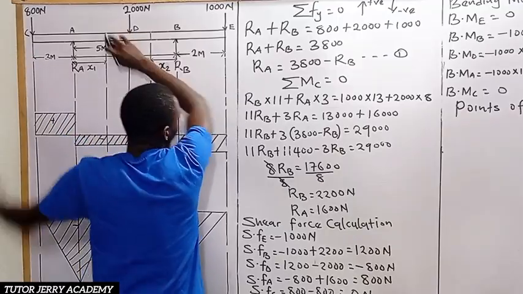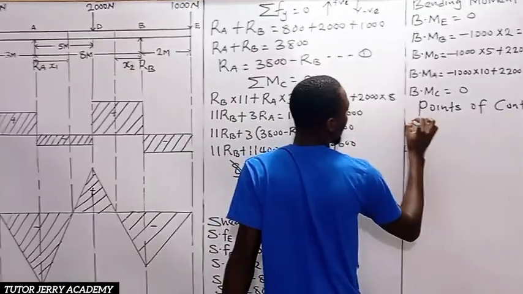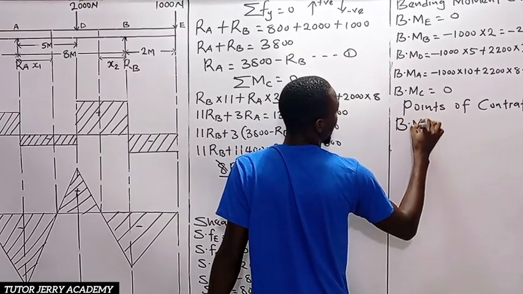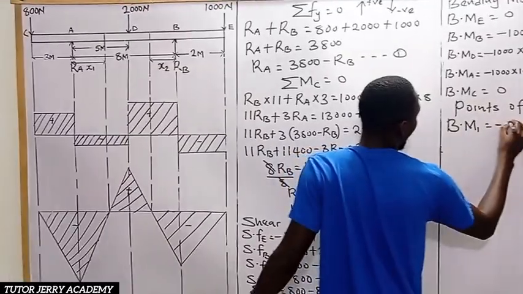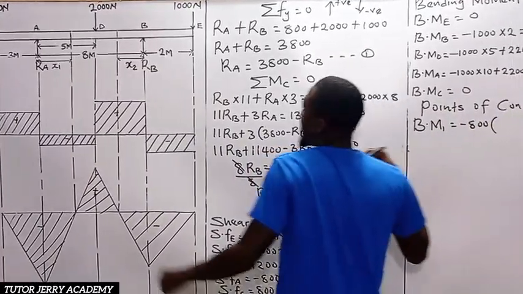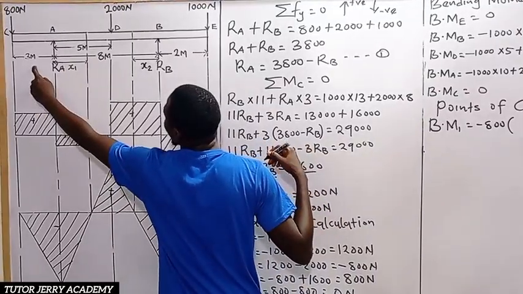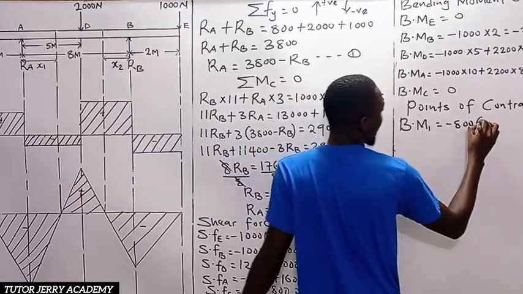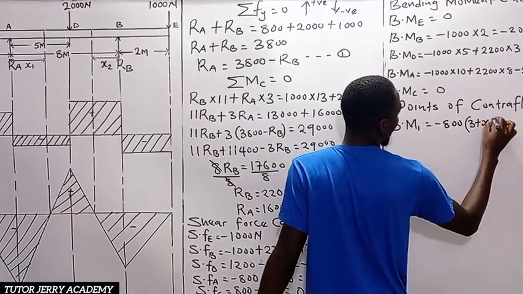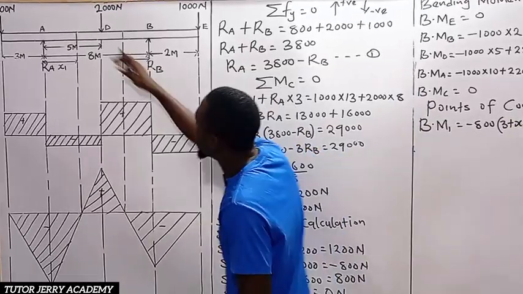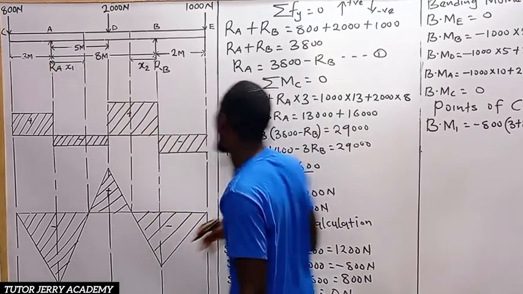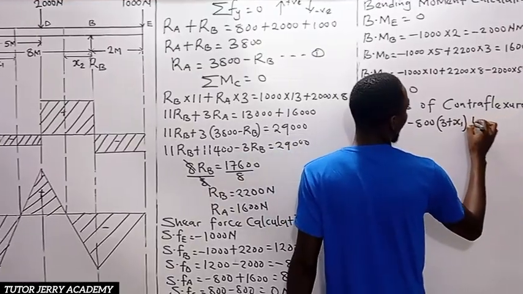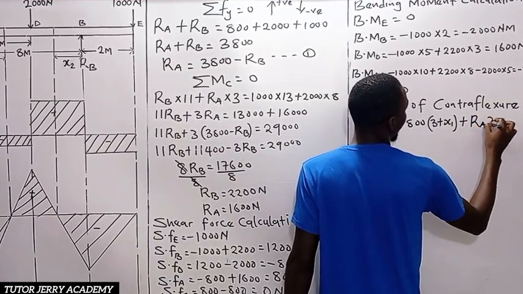So let's say bending moment B1 will be equal to negative 800 into what will be the distance. The total distance is going to be 3 plus x1, that is 3 plus s1. Again, we have an upward force here, which is RA times s1. So we are going to have plus RA times s1.